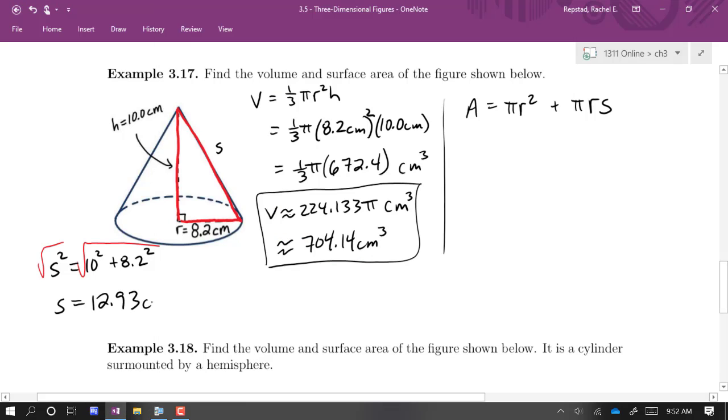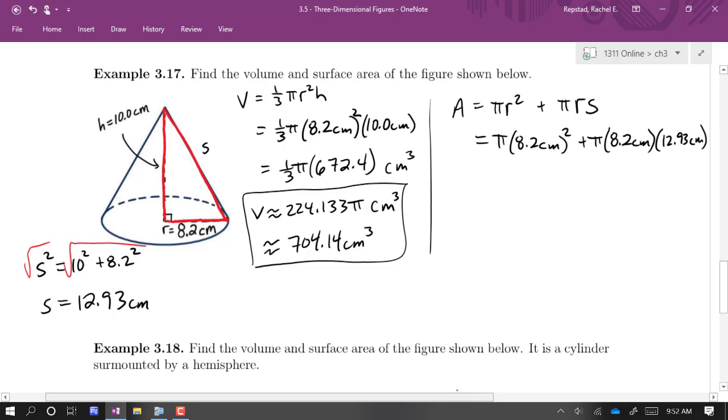And that'll be centimeters. It's a length. So now let's plug this stuff in. Pi times 8.2 centimeters squared plus pi times 8.2 centimeters times 12.93 centimeters.